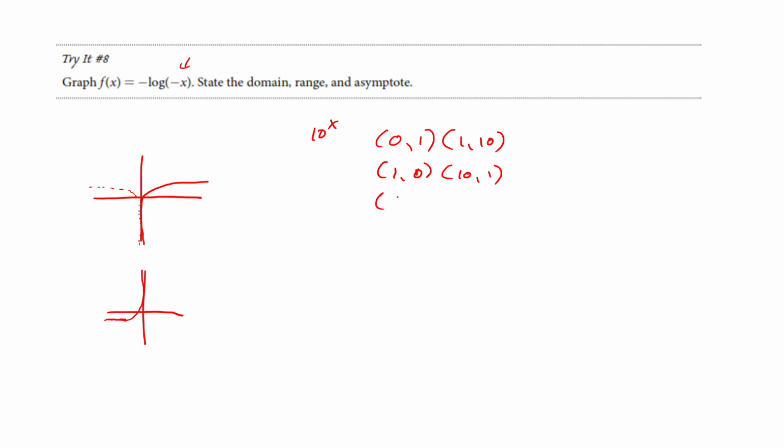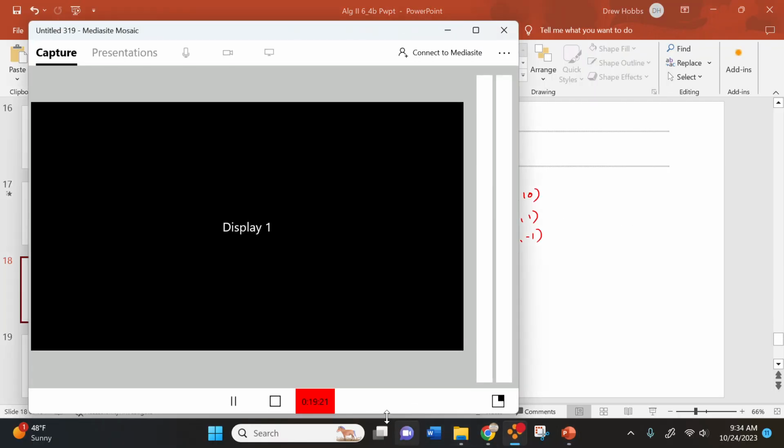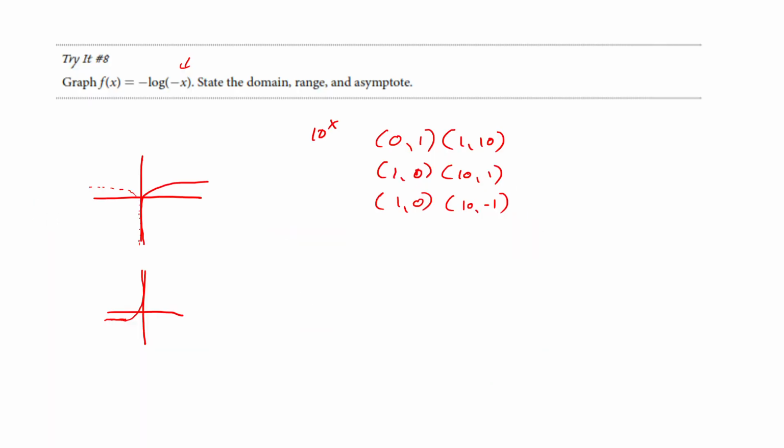So I've now got 1 and -0. That doesn't change anything. And I've got 10 and -1. And then to flip it down, now I'm going to change the x values. Hold on, is that right? Let me think about that. No, I thought I said that wrong, and I did.